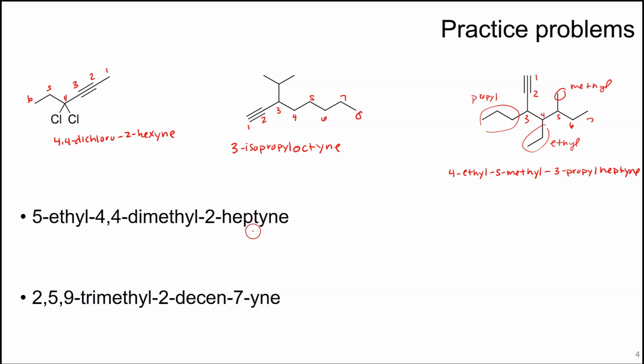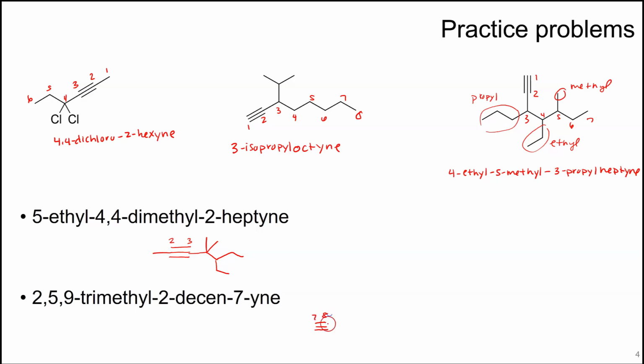So when you're drawing alkynes, I like to start with the triple bond so I know where my angles are going from. So here's my triple bond. It starts at 2, so I have 1 on the other side. This is 3, so 1, 2, 3, 4, 5, 6, 7. At 2 here, 1, 2, 3, 4, 4 dimethyl, and 5-ethyl.